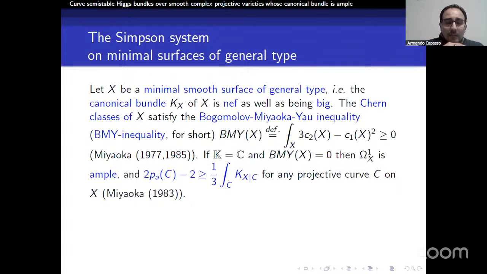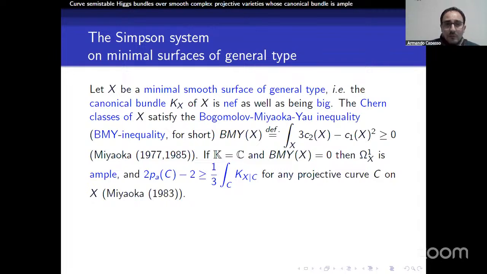If the underlying field is the complex number field and this inequality is saturated, then the cotangent bundle of X is ample, and 2 times the arithmetic genus of C minus 2 is greater or equal than 1/3 of the degree of the canonical bundle restricted to C, where C is any projective curve on X. This is Miyaoka's result.